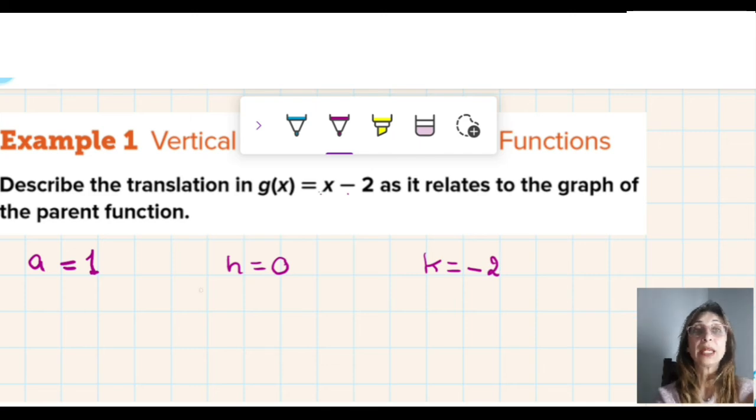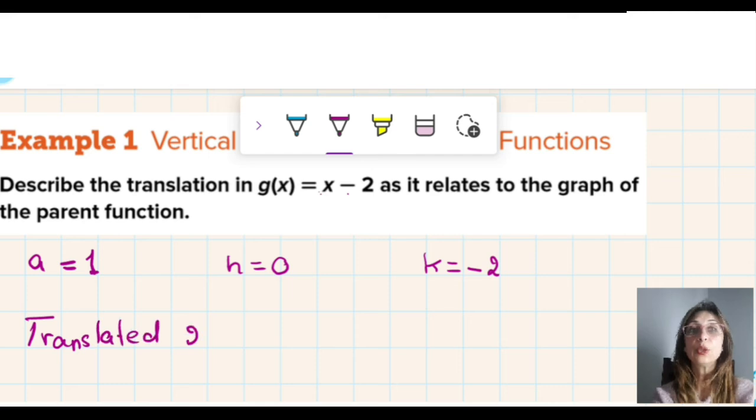We know that k affects the vertical translation. Because it is negative, the line is shifted downwards by 2 units. So I'm going to write the description, because he's asking to describe the translation. This means it is translated 2 units down.